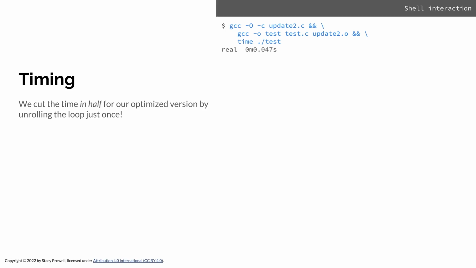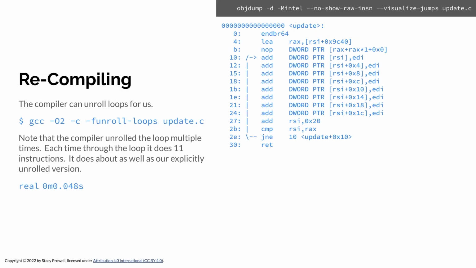Great. Can't we get the compiler to do that? We can. We can add -funroll-loops, and that will unroll the loop for us. And when we do that, this is what our program ends up looking like. Again, we locate the endpoint and put it in RAX.